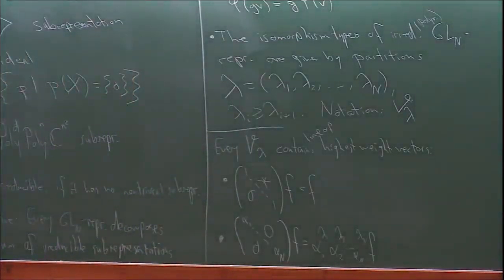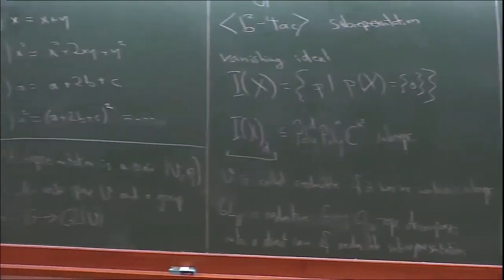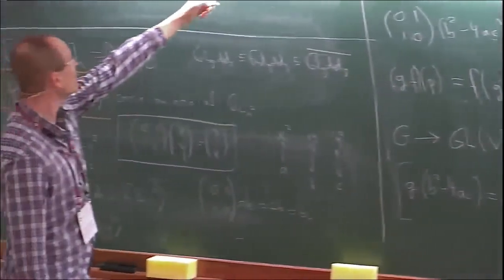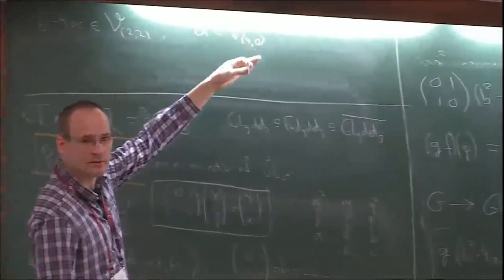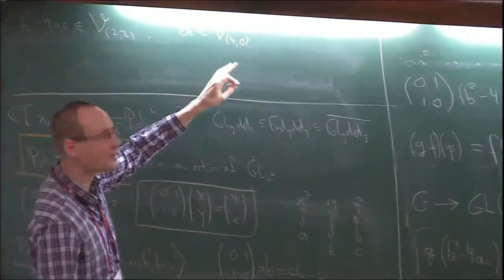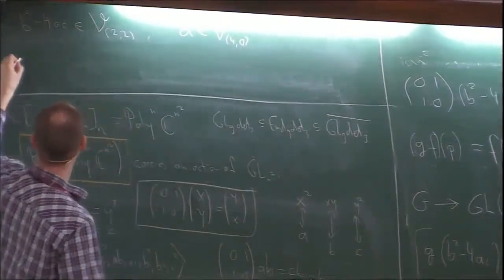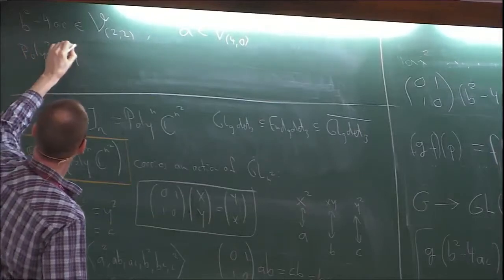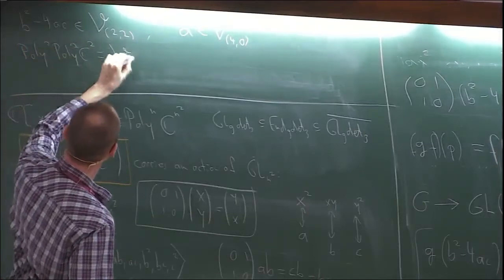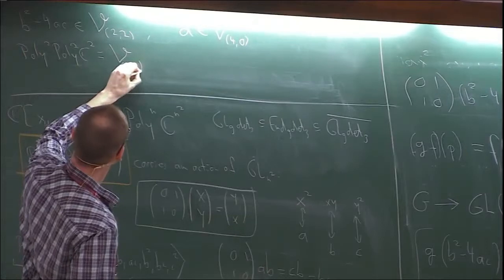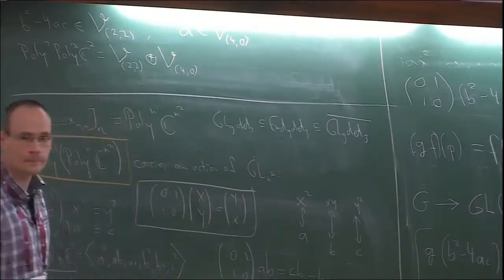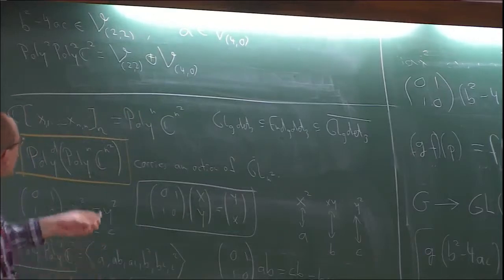So this one lives inside a V40. And this is a 5-dimensional vector space. From general principles, there are formulas like a hook length formula that tell you this is 5-dimensional. So we can write Poly 2 C2 decomposes as a V22 plus a V40. This is how it decomposes.